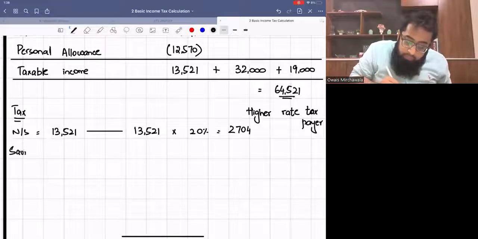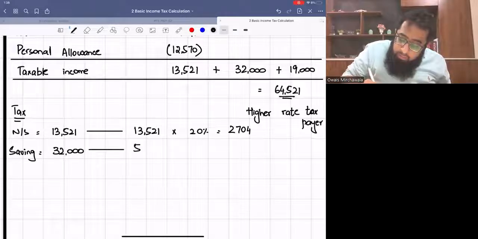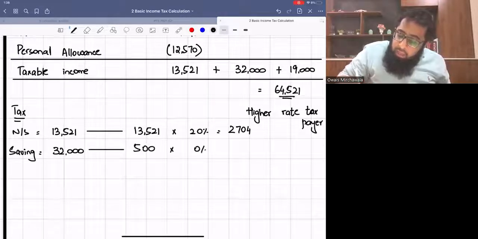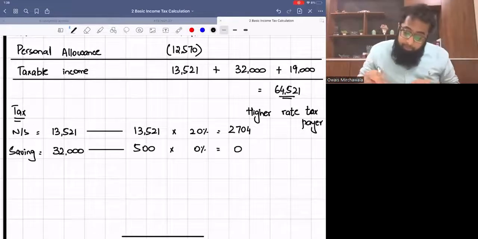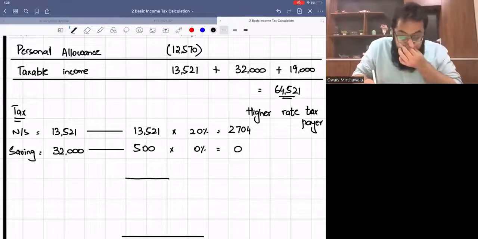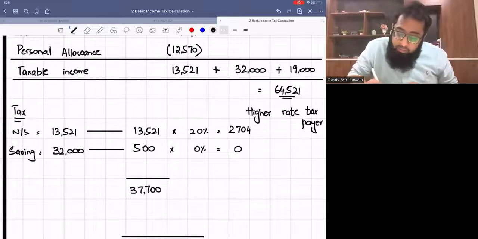Now saving income is 32,000. On the first 500, it will be a 0% band because we are a higher rate taxpayer. So 0% band of 500. Now we will look at the basic rate band. The basic rate band is 37,700.